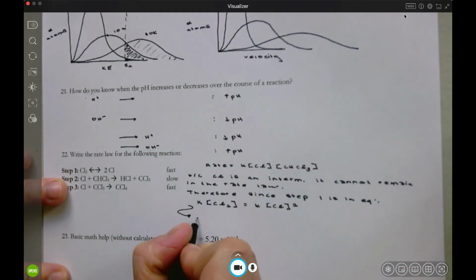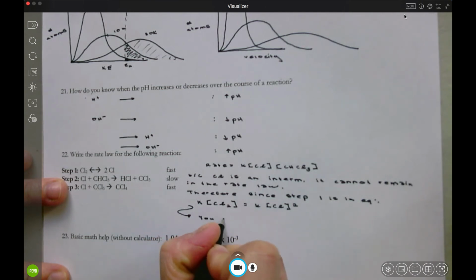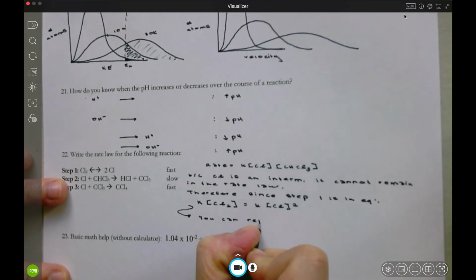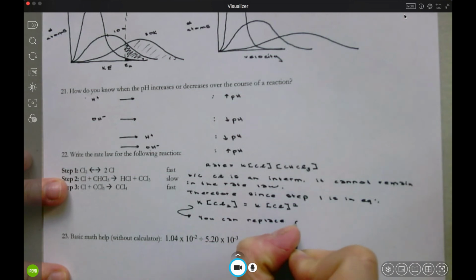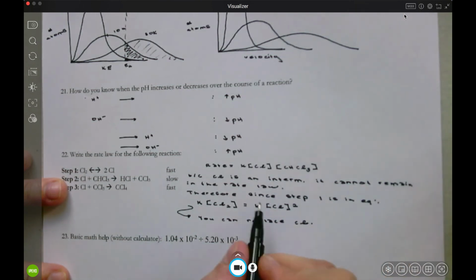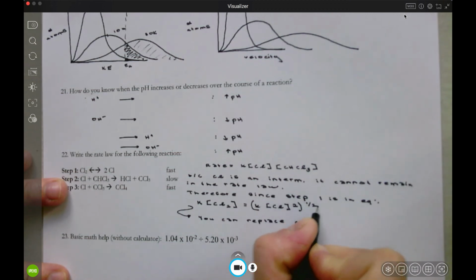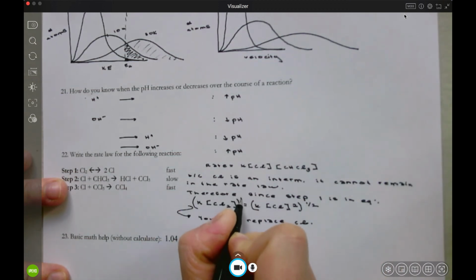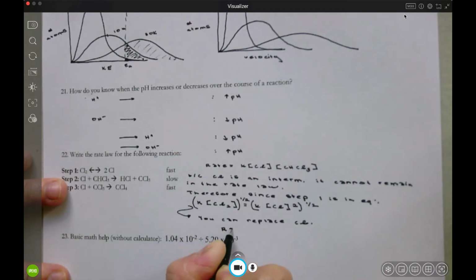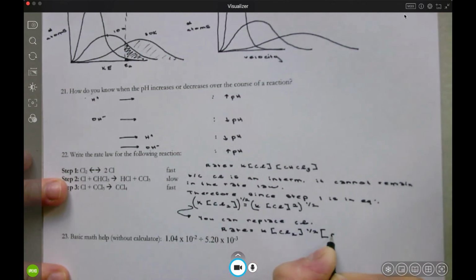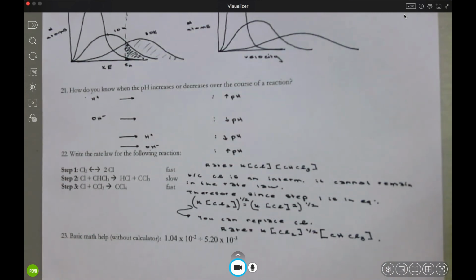And then you can replace Cl, and just be careful because you need to square root both sides. So I would show that work. And then I would say rate equals K times my concentration of Cl2 to the 1/2 times the concentration of CHCl3. And I am done. That works as an explanation.